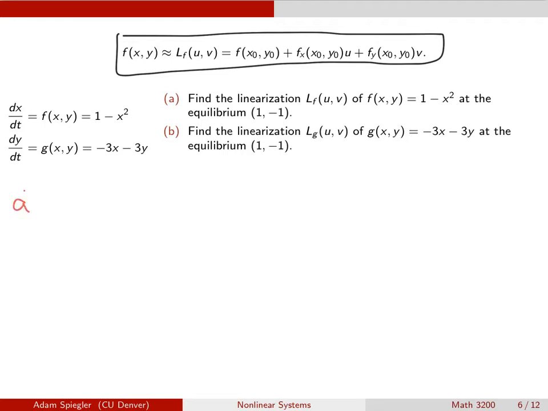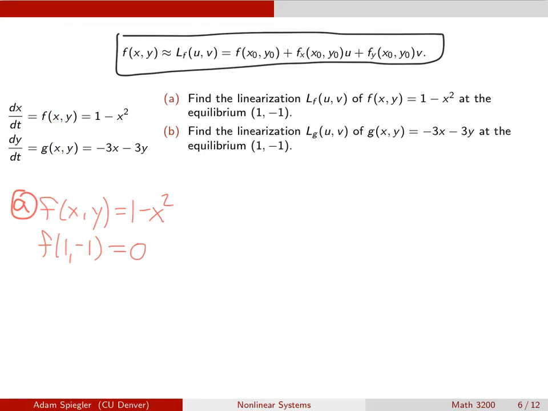So for part A, we've got f of x, y is equal to 1 minus x squared. So the first thing to note here is if we evaluate this at the equilibrium (1, -1), we get 0, okay? And that better happen because we're working with equilibrium points. So when I plug these values into f and g, they both should give me 0.